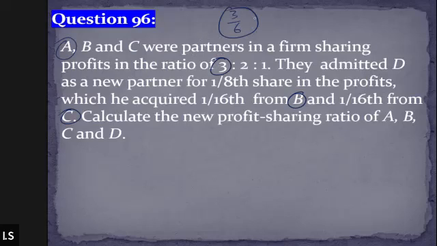There will be no change in the share of A, since D is only acquiring shares from B and C. And we are getting 6 by adding 3 plus 2 plus 1. That means A's share is 3/6, B's share is 2/6, and C's share is 1/6. Right? Yes, sir.